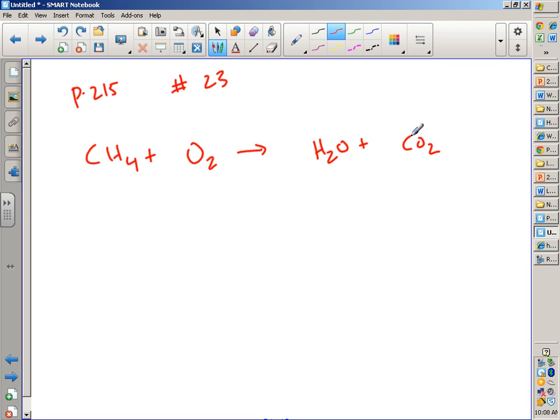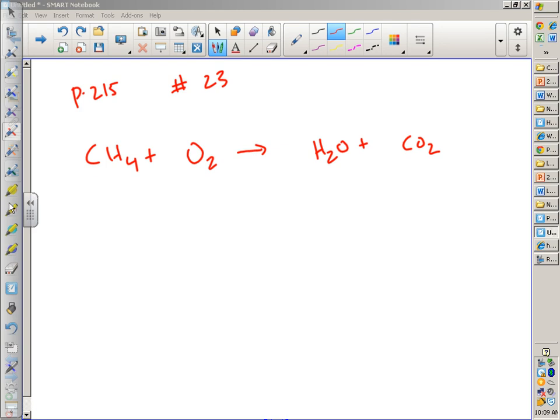First, before we go any further, what kind of a reaction is this? Not a double replacement reaction. Combustion. This is a combustion reaction because here, O2 shows up in the reactants.